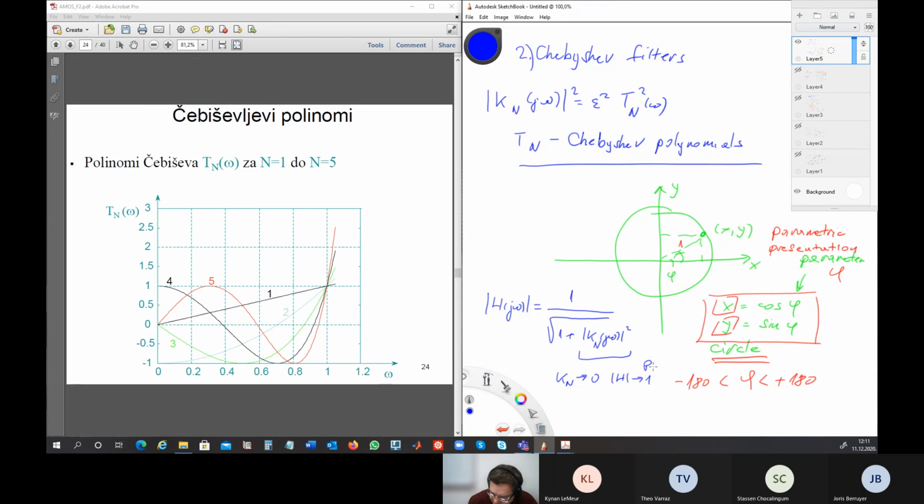This is pass band. If k, characteristic function, this one here, is going to infinity, then h is going to 0, and this is stop band. Okay, I will write it here.